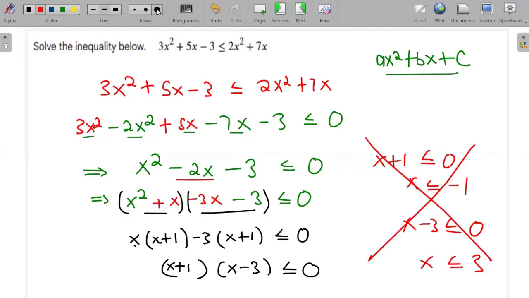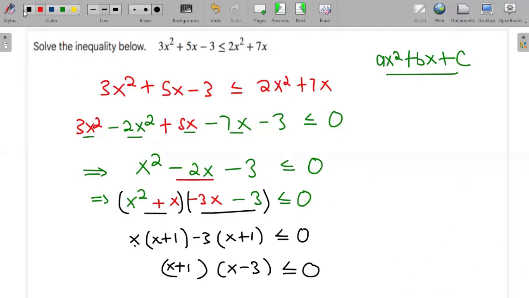So what do you do instead? You draw a sign graph. So how do you draw a sign graph? You first find what we call the critical points or the critical values. You get them by equating this factor to 0, solving for x, this factor to 0, solving for x. So let me get my critical values.